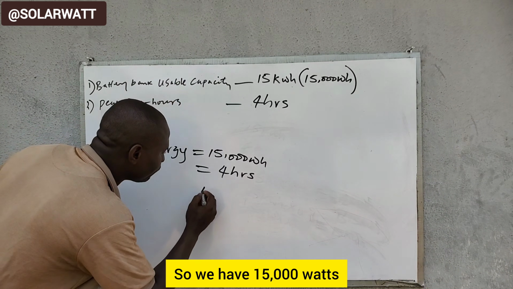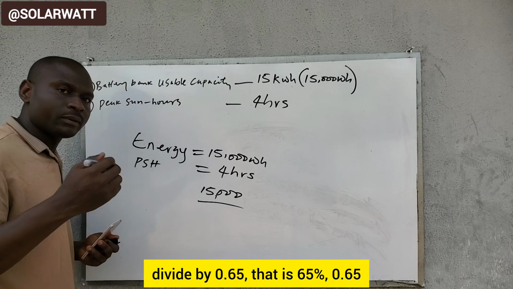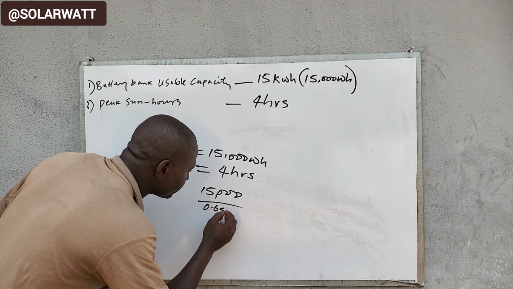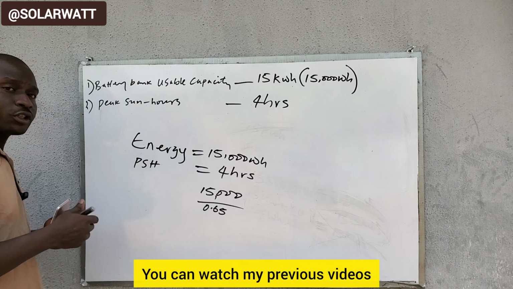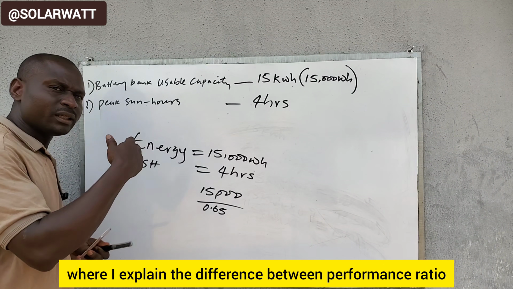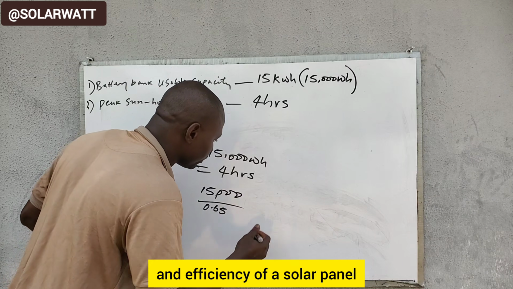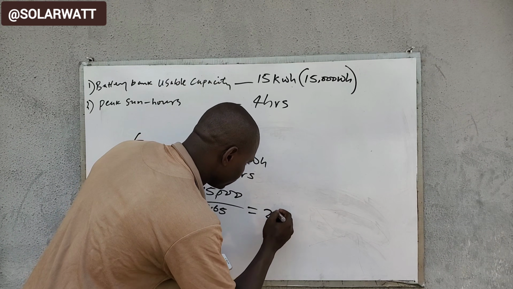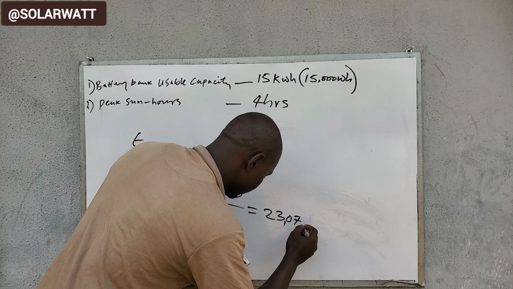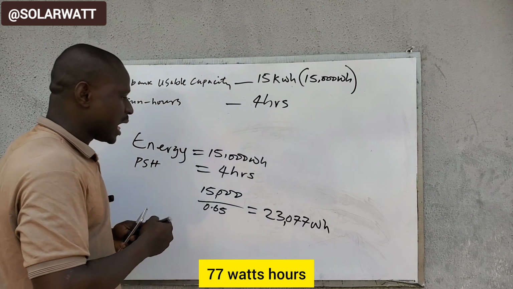So we have 15,000 divided by 0.65, that is 65%. You can watch my previous videos where I explain the difference between performance ratio and efficiency of a solar panel. This will give us approximately 23,077 watt hours.